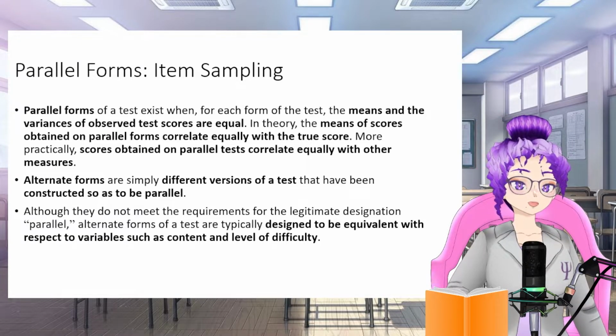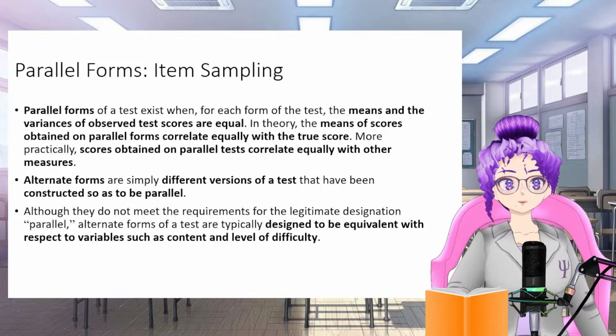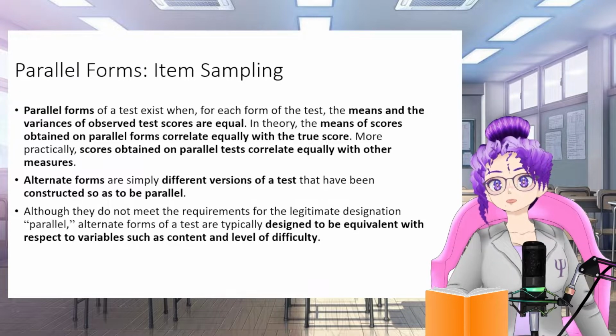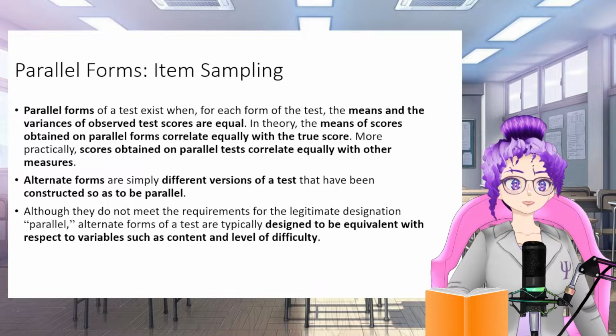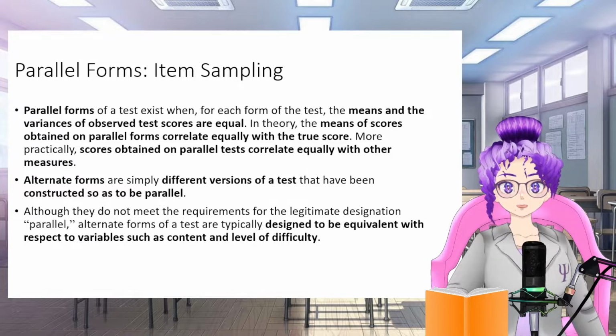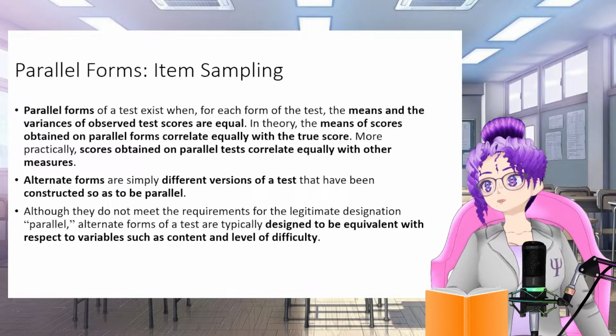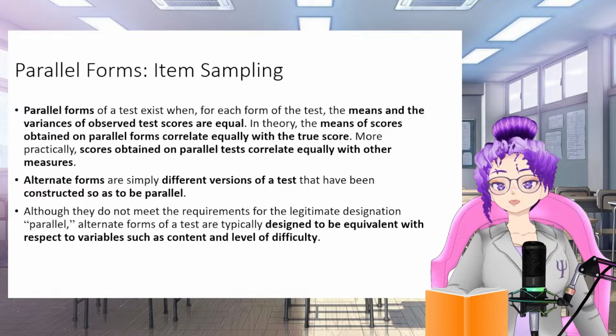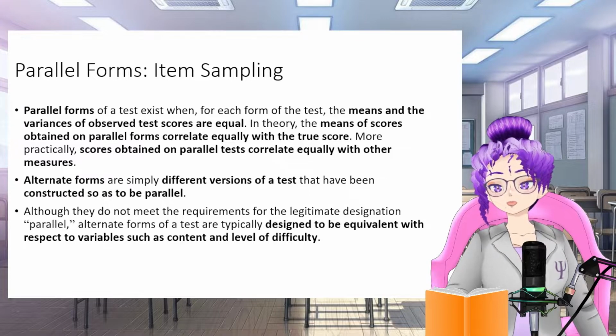In parallel forms, it simply means that if your scores in two parallel exams are correlated, then they are also correlated with your true score, or your true performance on that test. Alternate forms are simply different versions of the test that have been constructed so as to be parallel.